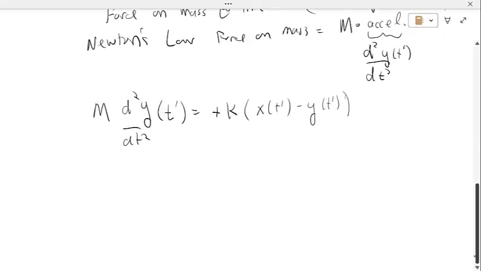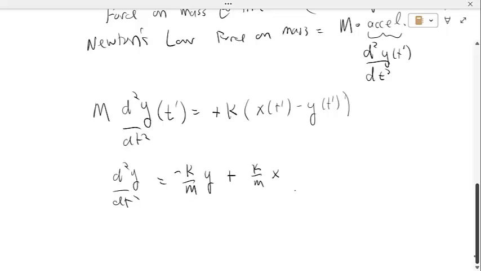So if I divide by m, I'll have d squared y dt squared is equal to minus k over m y plus k over m times x.